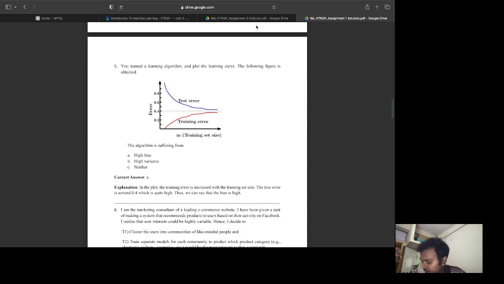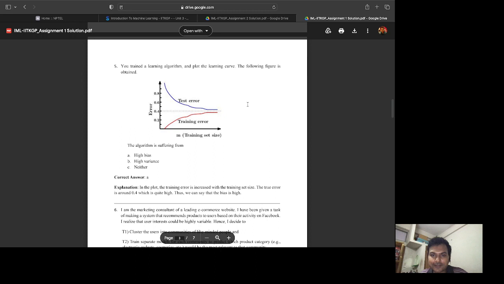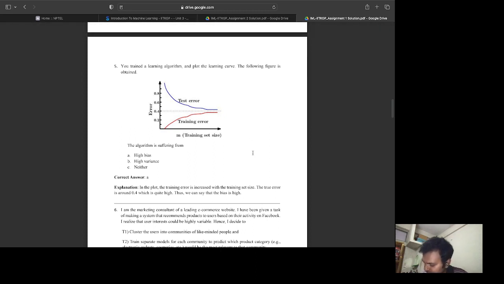The other thing is the test error. One thing you can say here is that your test error is decreasing, which might lead you to think that this is high variance, but as given in the solution, the test error has not gone down below the training error.